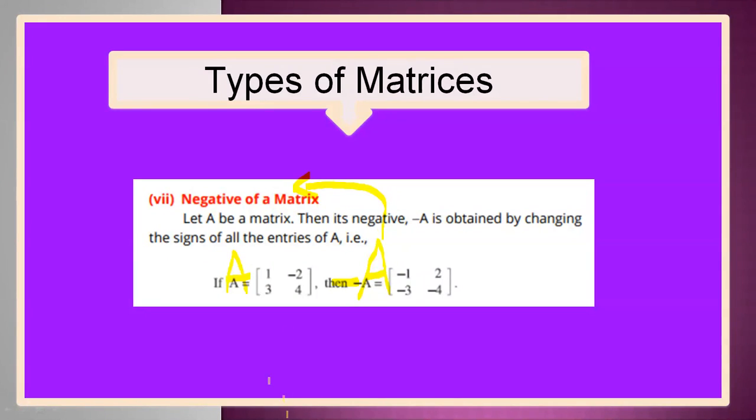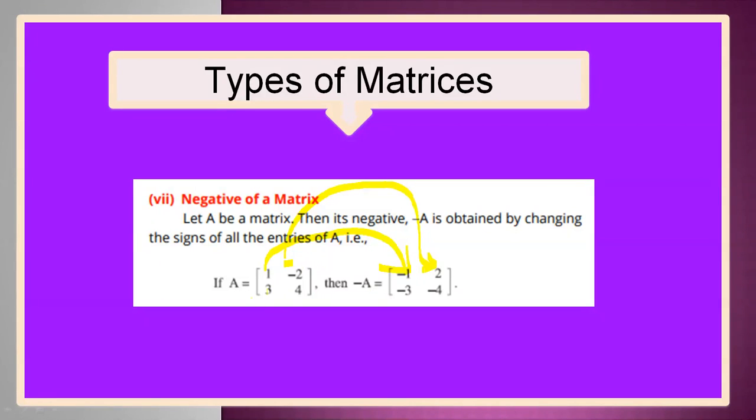You are changing any matrix into the negative of a matrix by multiplication of the negative sign. Okay, if I'm multiplying by minus, 1 becomes minus 1. What about this minus 2? Minus is already here. Multiply with the minus. Minus minus fight together. It should be plus 2.